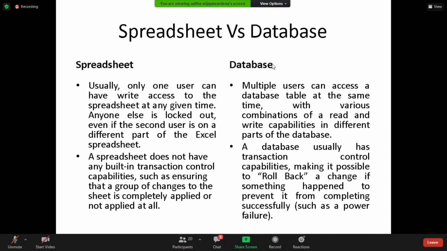There will not be any partially completed transactions. The transaction has to be completed as a whole single unit. That is a property of a transaction. So that type of thing can only be done with databases.